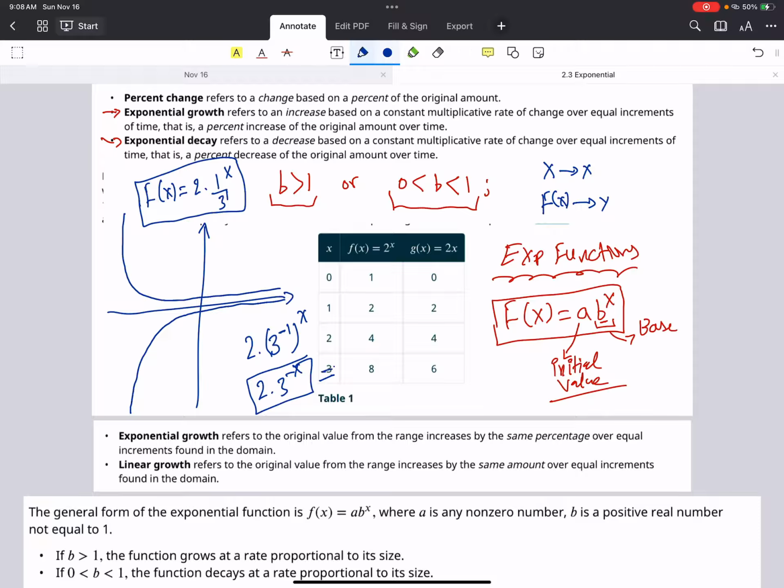Coming from the left side, isn't this simply 2 times 3 to the power of negative 1 million? Well, you could have just plugged in negative 1 million for x, and you would have got infinity. So this is 3 to the power of a million, which is simply equal to infinity, right? So coming from the left side, we're coming from infinity.